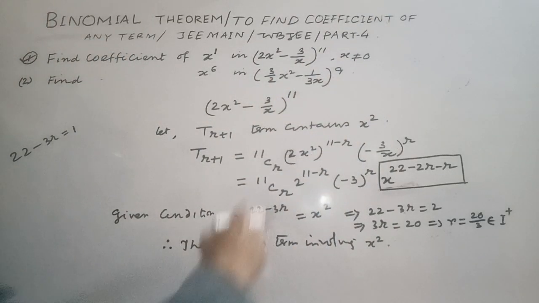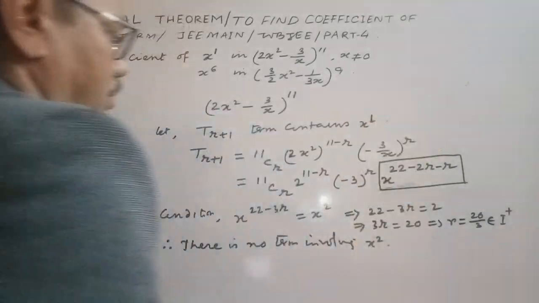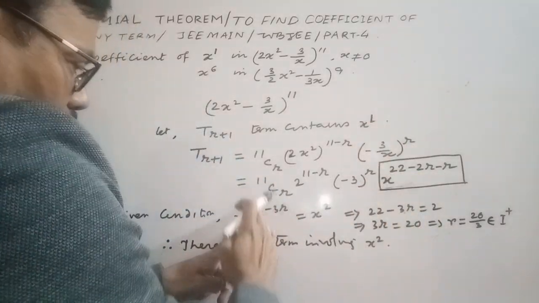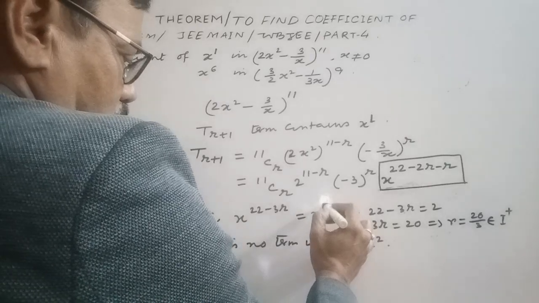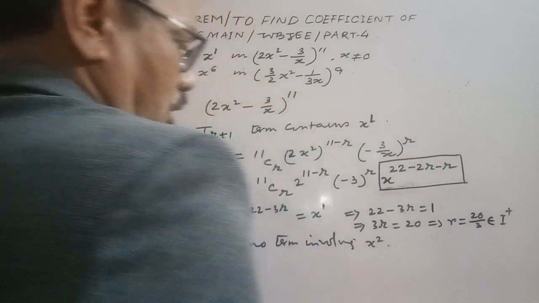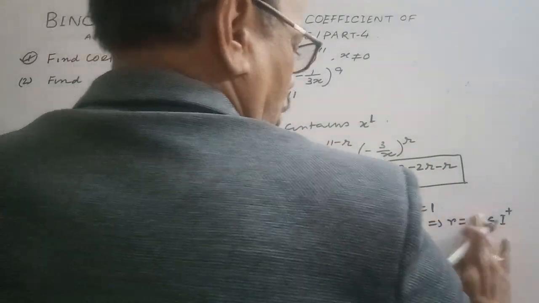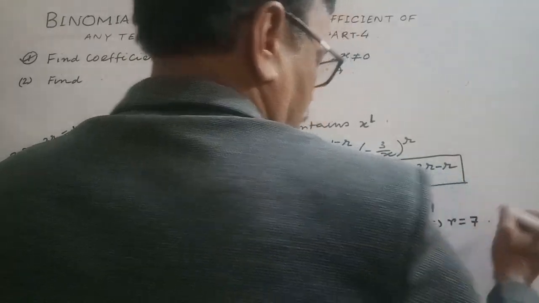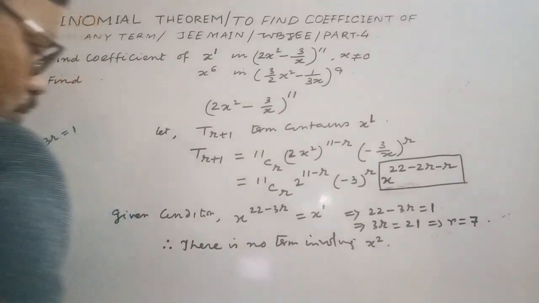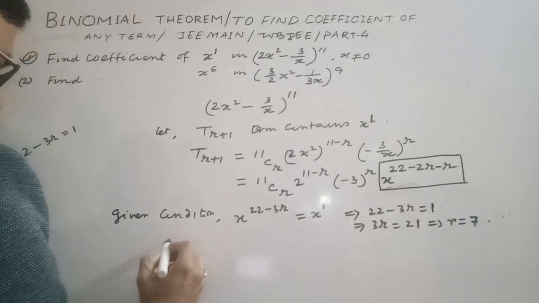So same procedure, let T(r plus 1) term contain x to the power 1. So same calculation, given condition, this equals x to the power 1. So 22 minus 3r equals 1. So 3r equals 21. So we are getting r equals 7. So we are getting an integer value. So what is r? r equals 7.